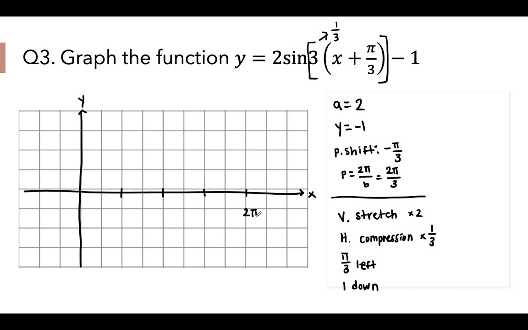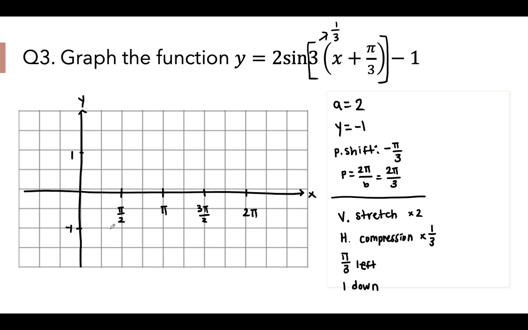So this is 2 pi, pi, pi over 2, and 3 pi over 2. And the highest point is 1. So I'm going to put 1 over here. And then this is negative 1.